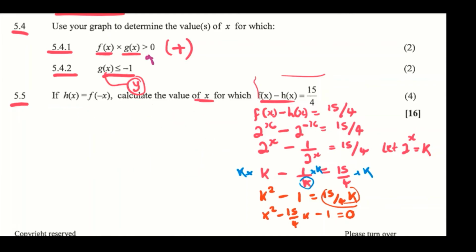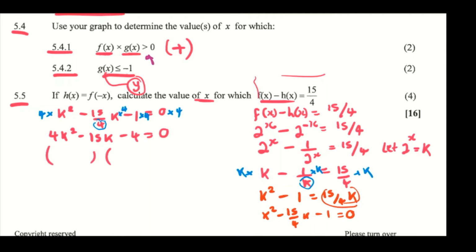So we'll have k squared minus 15 over 4 k minus 1 equals 0, right? We can remove the denominator of 4 by multiplying every term by 4, and we'll have 4k squared minus 15k minus 4 equals 0.